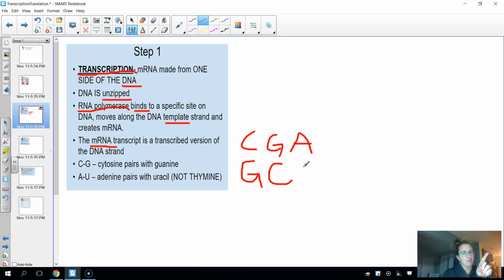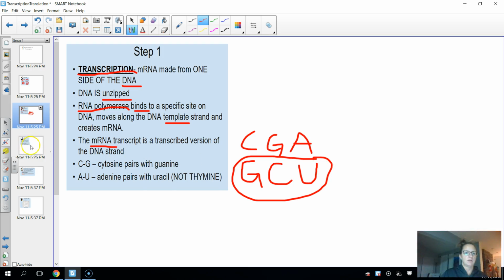But no, we write a U instead, because RNA has uracil instead of thymine. This transcribed section is called a codon. A codon is a 3-letter, 3 nitrogen base package deal, and that's the result of transcription. Transcription occurs in the nucleus.